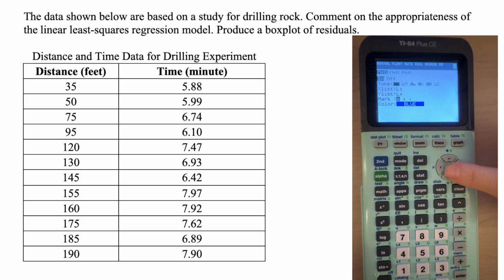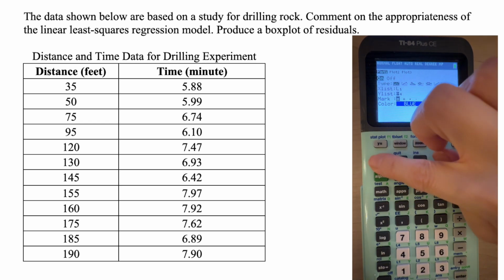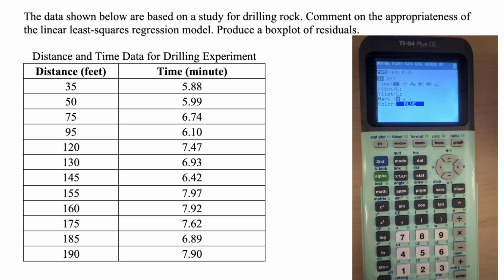For the type of the graph, I'll choose the first one because I want the scatter plot. Enter. For the X list, I will replace this with L1, second one. For the Y list, it is L2, second 2. And I'll press graph.